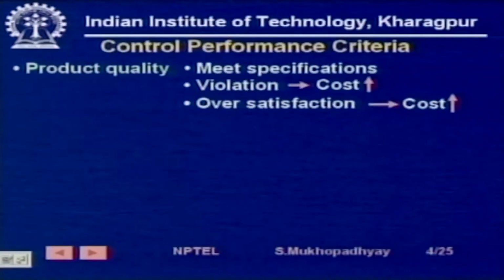If we have a violation of that, then our cost goes up, because in today's era of stringent quality control, we may produce something in the factory, but we may not be able to sell it if the stated specifications are not met. That means that it will result in things like scrap, a lot of loss of material and energy, so the cost will go up.